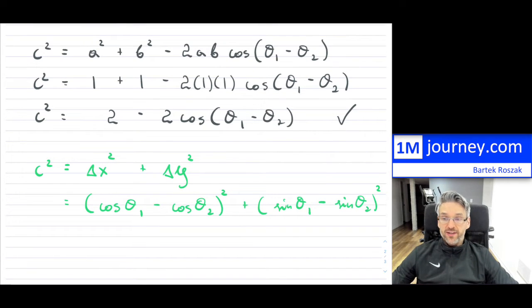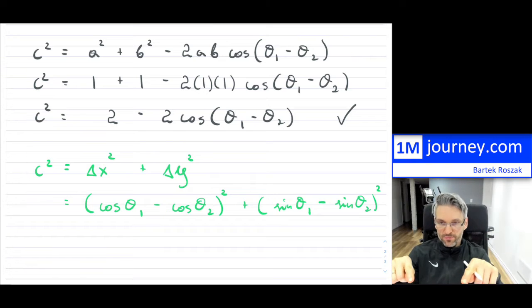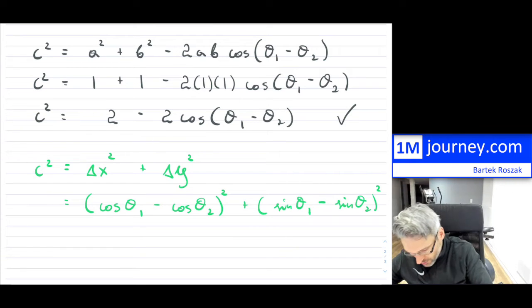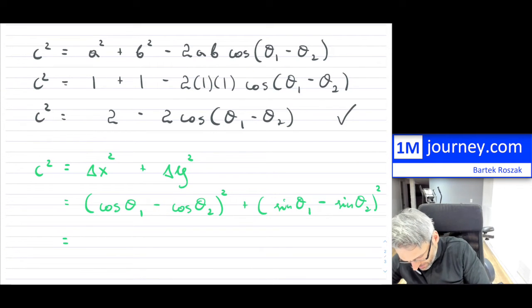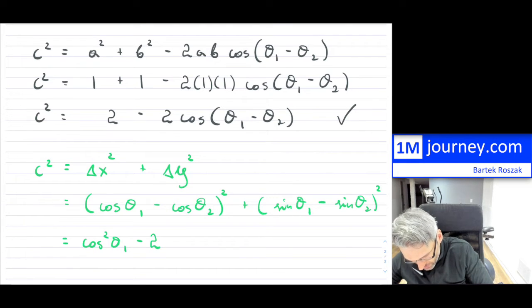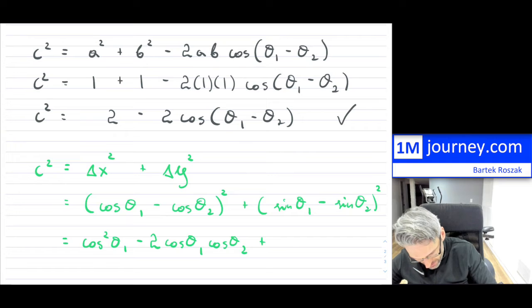Now, once I know that, let me simplify this and actually do the squaring. I'm going to take the first one, the cosines, and square it, so I get cos squared theta 1. Now minus, if you expand that out, 2 cos theta 1 times cos theta 2, plus cos squared of theta 2.